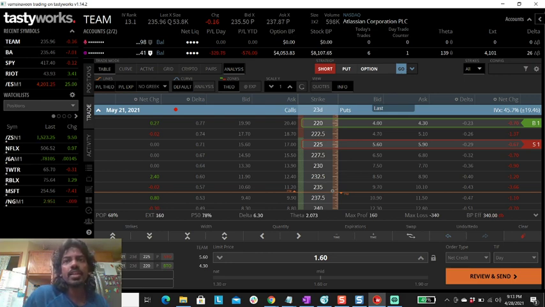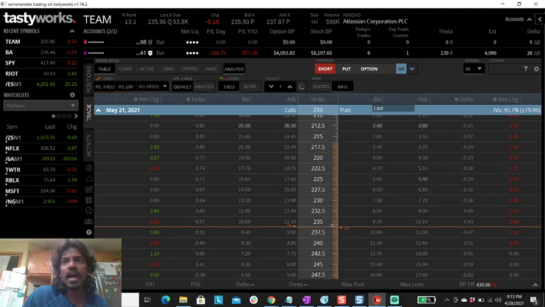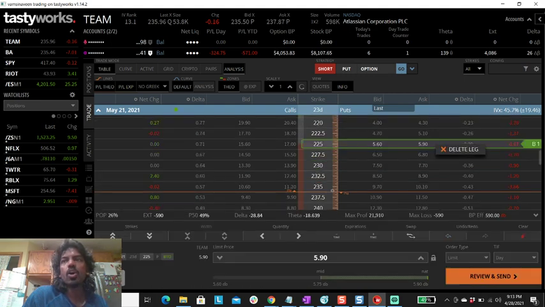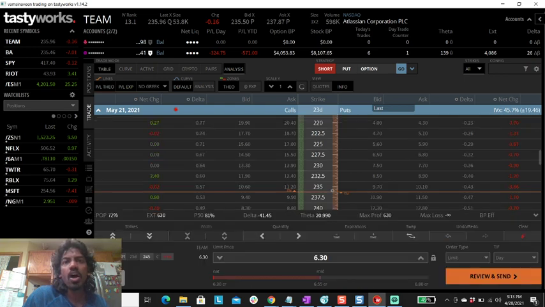You could either buy the stock if you're bullish, or you could buy an out of the money call, or you could sell an out of the money put. So that's three ways to be bullish. If you're bearish, you could short the stock, you could buy an out of the money put, or you could sell an out of the money call.